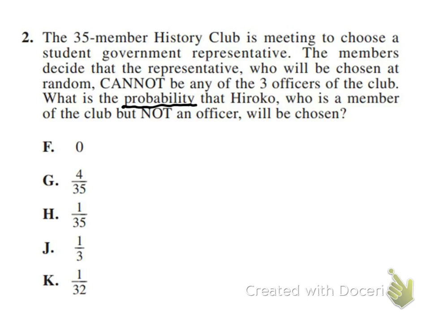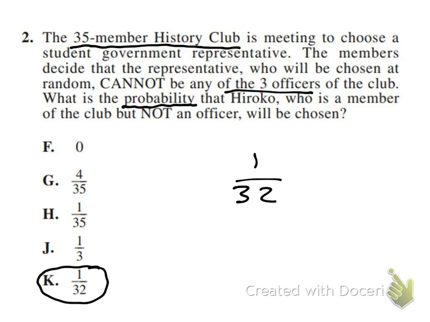We have a total number of members, how many? 35, but how many are we eliminating? 3 are eliminated, so that leaves us with 32 members, and Hiroko is one of those 32 members. So favorable over possible gives us 1 over 32, or letter K for our answer.